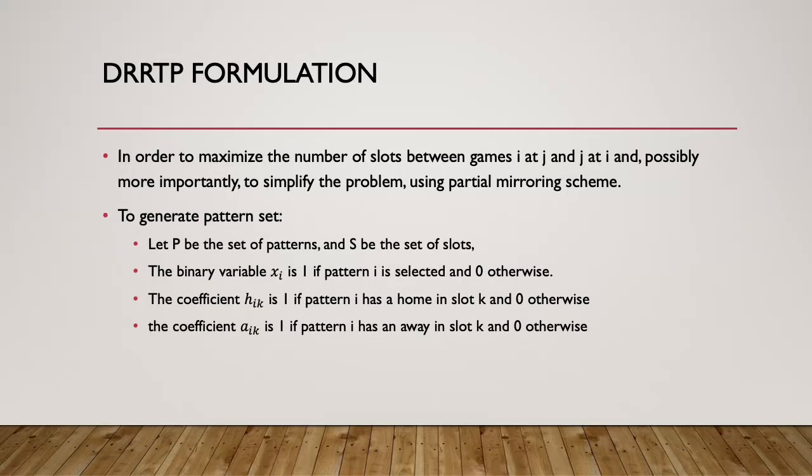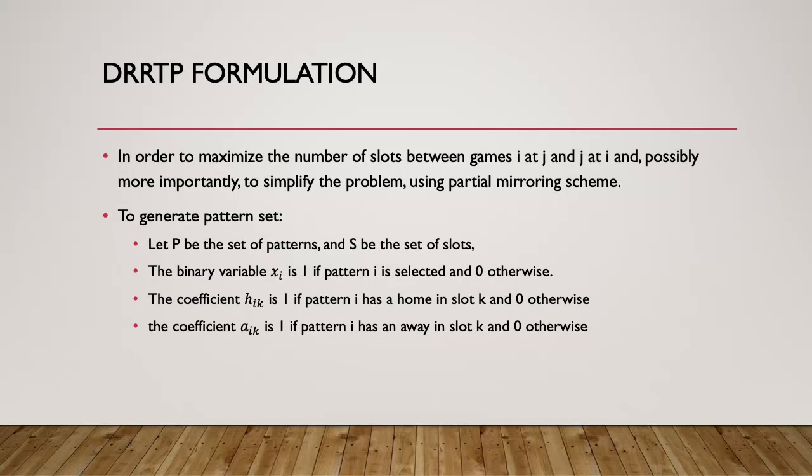Let P be the set of patterns, and S be the set of slots, the number of slots available during that match. The binary variables x_i are 1 if the pattern is selected and 0 otherwise.